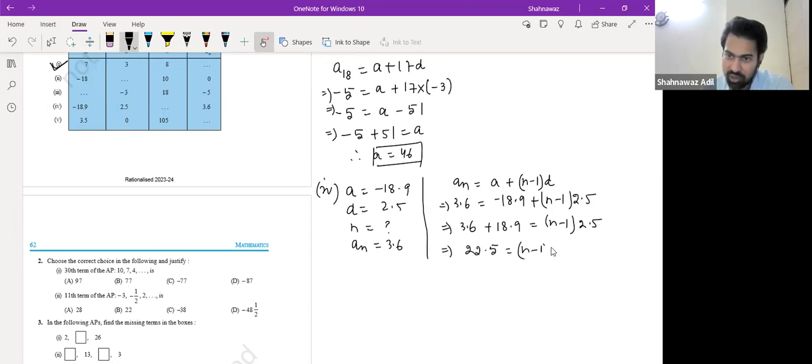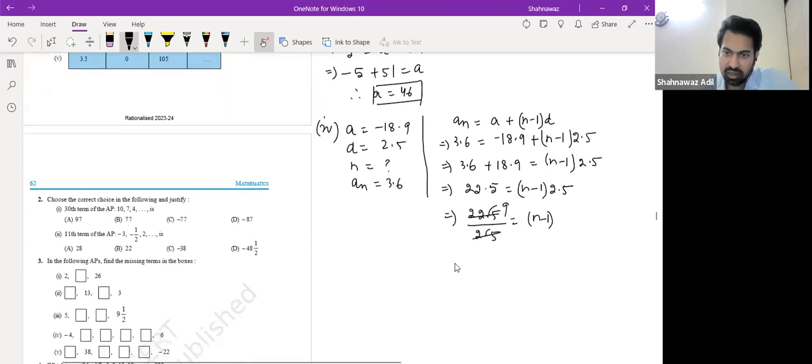N minus 1 and this is 2.5, so this goes in the denominator. 22.5 divided by 2.5. 25 into 10 is 250, so 25 into 9 would be 225, right? Correct, guys? Yes, sir. So 9 is n minus 1. So n would be 10.